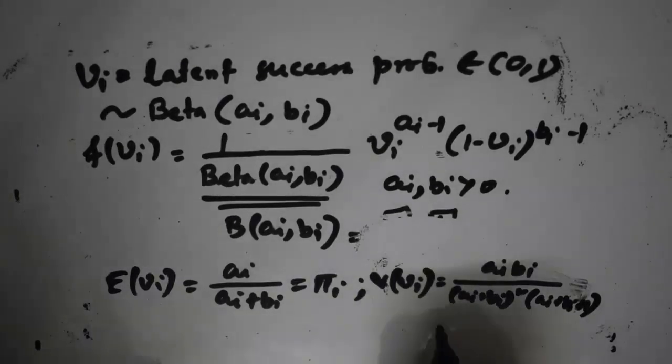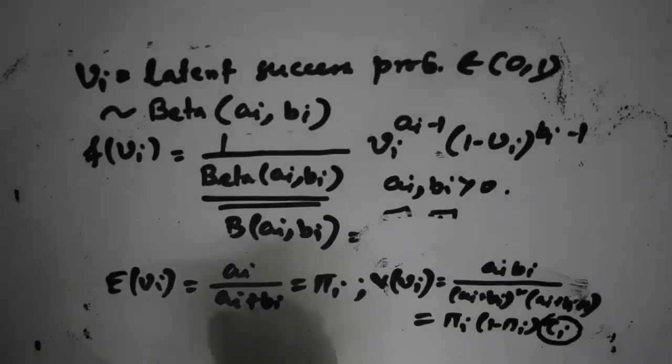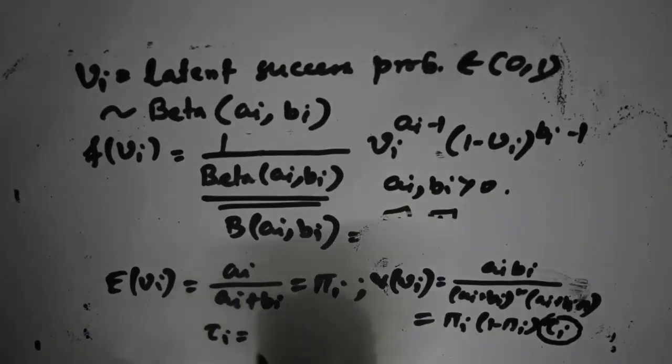Now I write this as pi i into 1 minus pi i into tau i, where this tau i is equal to 1 by ai plus bi plus 1.